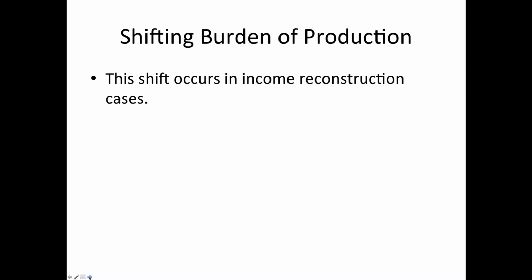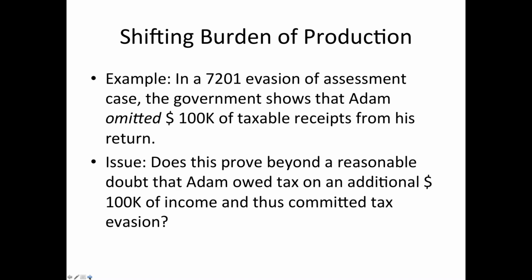This shift occurs in income reconstruction cases. So we have an example here. By 7201, that is simply the section of the code for tax evasion. So we have a 7201 tax evasion of assessment case. The government shows that Adam omitted $100,000 of taxable receipts from his return.